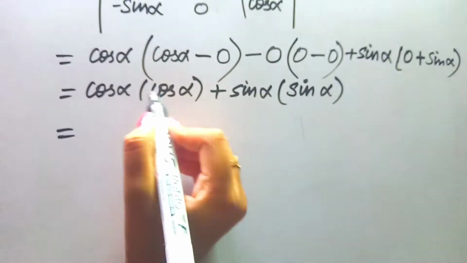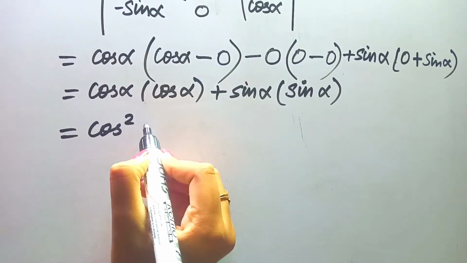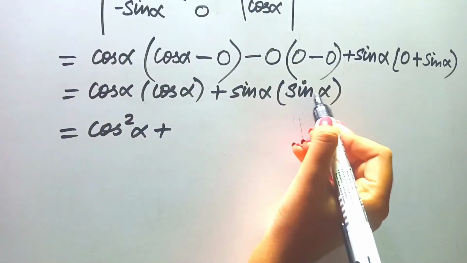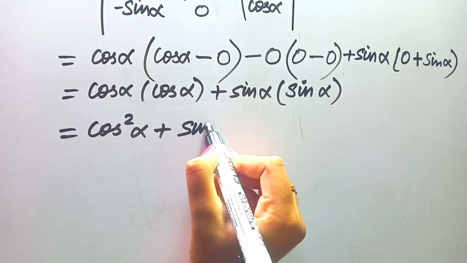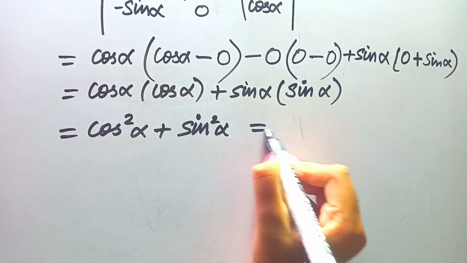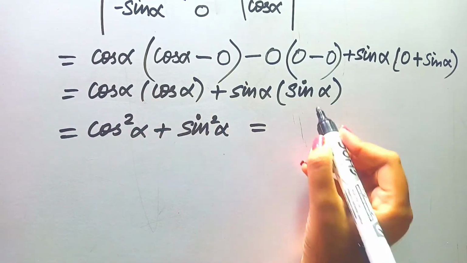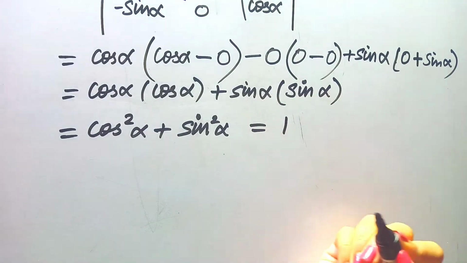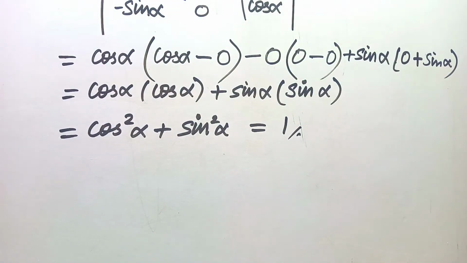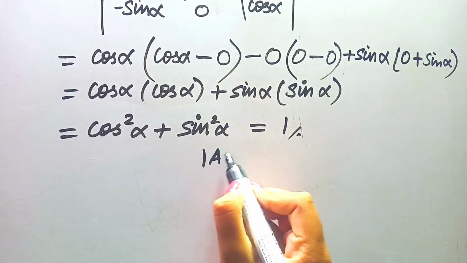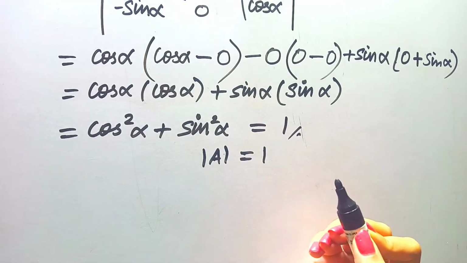So cos alpha into cos alpha will be cos square alpha, plus sin alpha into sin alpha will be sin square alpha, which is nothing but cos square alpha plus sin square alpha. We know the trigonometric formula, the answer will be 1. So our determinant of A is 1.